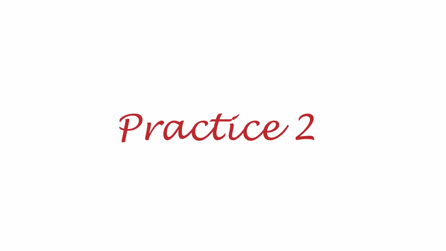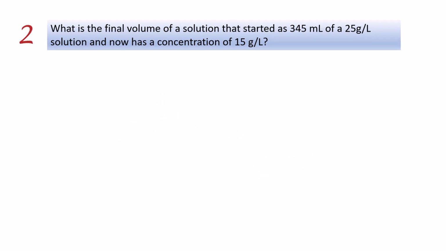Practice problem 2. What is the final volume of a solution that started as 345 milliliters of a 25 gram per liter solution and now has a concentration of 15 grams per liter? Pause the video. On paper, solve the problem using the 10-step technique.